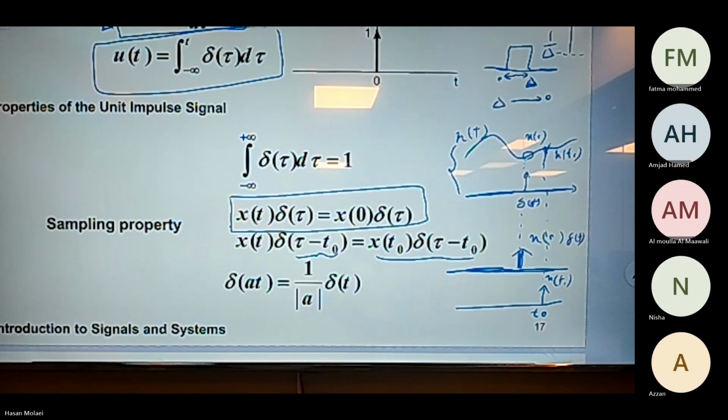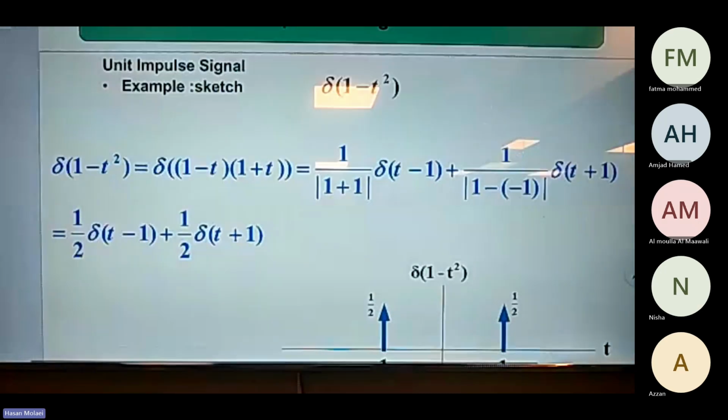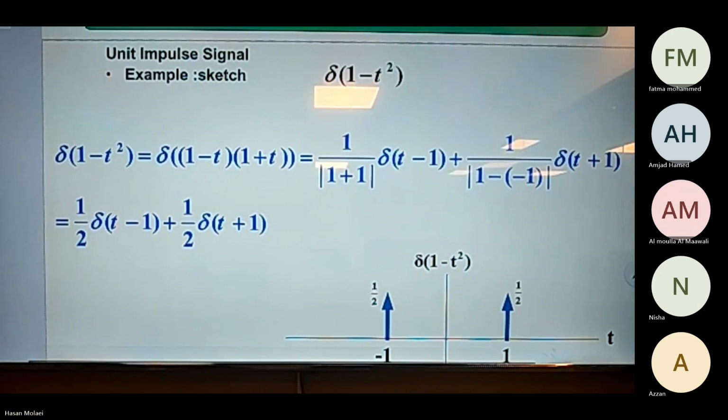Let's see one example. They ask us to draw delta of 1 minus t squared.